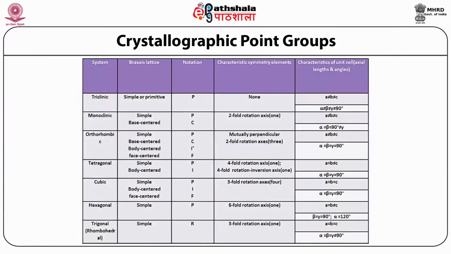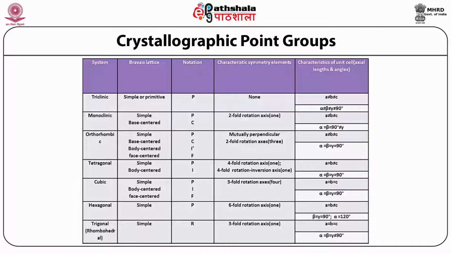Table 3.1 provides a list of 7 crystal systems along with their characteristic symmetry elements and the characteristics of the unit cell. These represent conventional unit cells for the 14 Bravais lattices arranged according to 7 crystal systems.